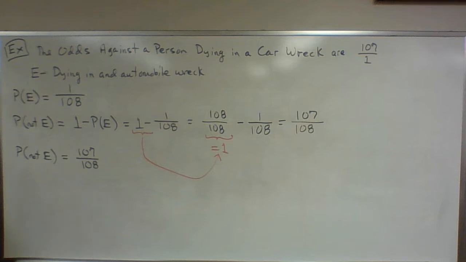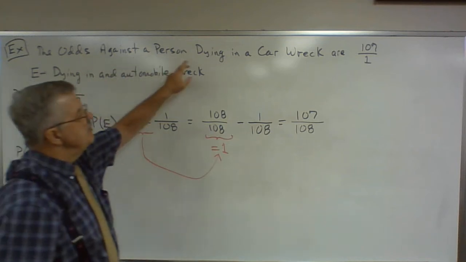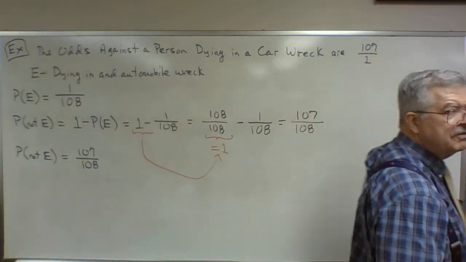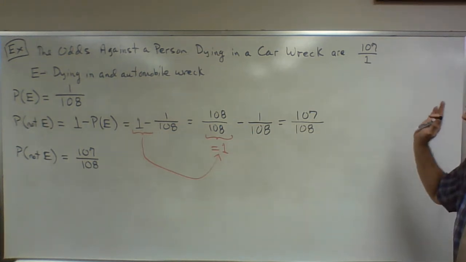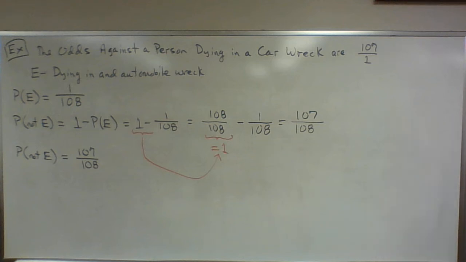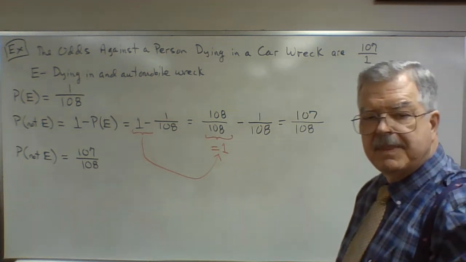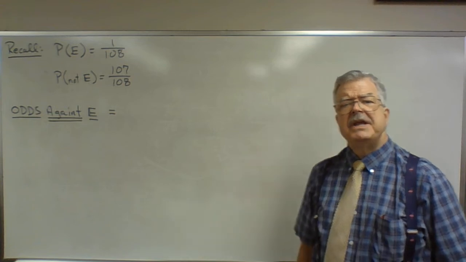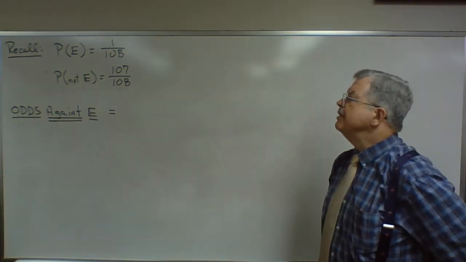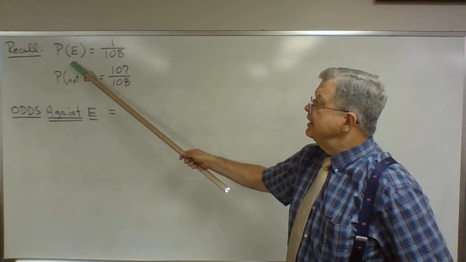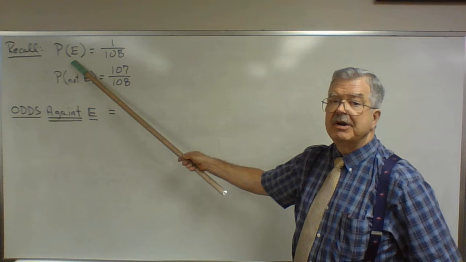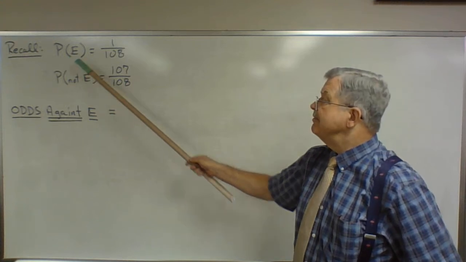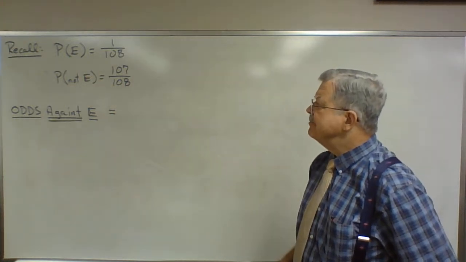Now, how did they get this? The odds against a person dying in a car wreck are 107 to 1. Let's check this out. Recapping the work that we just did, we found out the probability of E, a person dying in an auto wreck sometime during their lifetime, is 1 over 108.